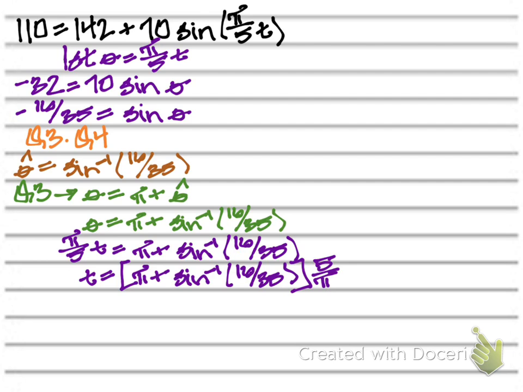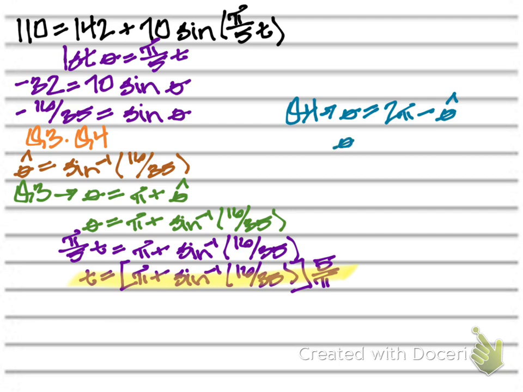So that's the first time, and we would put that in our calculator. For the second time, we are looking in quadrant 4. In quadrant 4, theta is 2 pi minus theta hat.